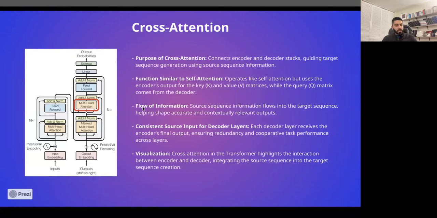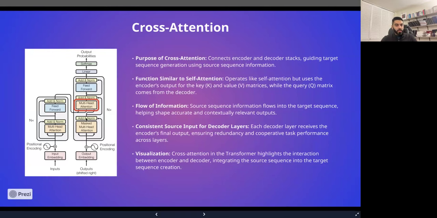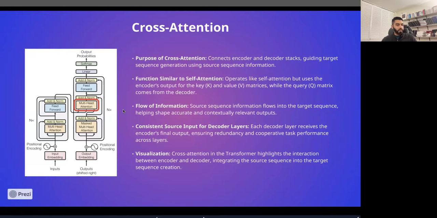So the query comes in from the decoder and the key and value come in from the last block of the transformer encoder, essentially the final output of the transformer encoder. And then this gets fed into every single block of the decoder. You'll notice the N on the side. So there are N such encoder blocks and N such decoder blocks, right? And we call these transformer blocks for the encoder and transformer blocks for the decoder.